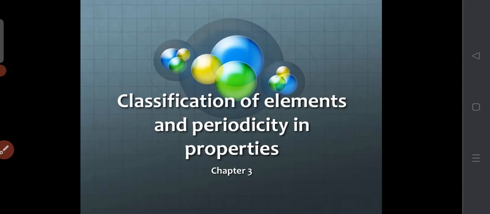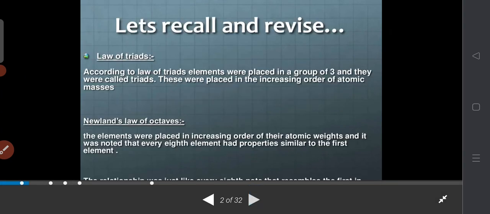In this chapter we learn where the elements are situated in the periodic table, in which group and which period, and according to their order, group wise or period wise, in which direction the periodic property will go.